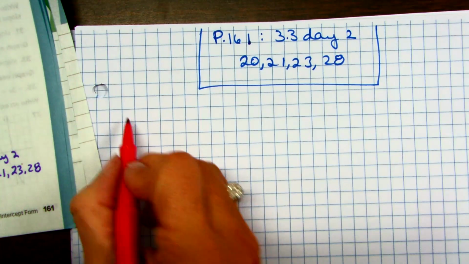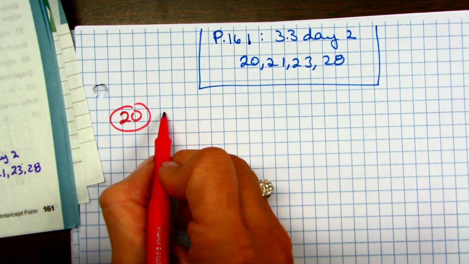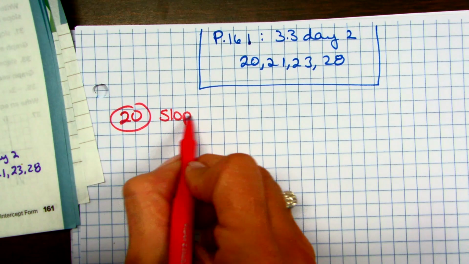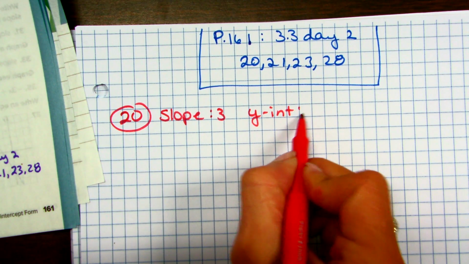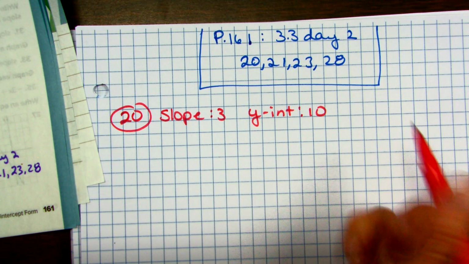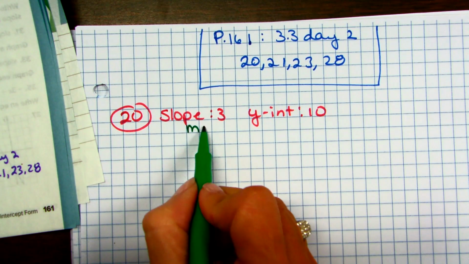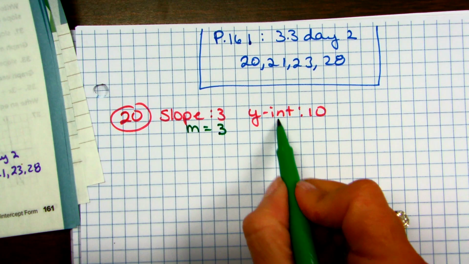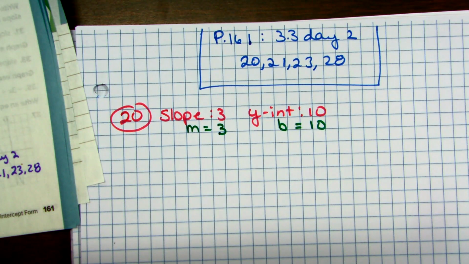So number 20 gives us a slope of 3 and a y-intercept of 10. Okay. I think we know by now that slope is m, y-intercept is b. Okay? Now, we have to graph this.